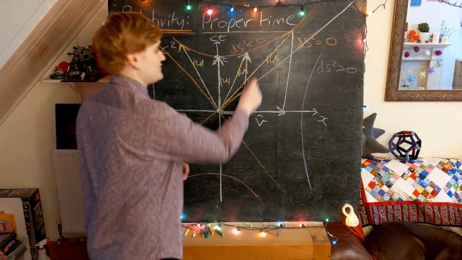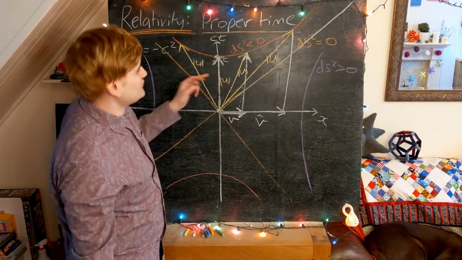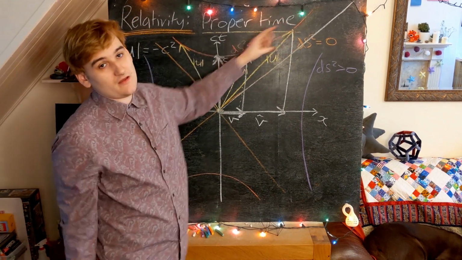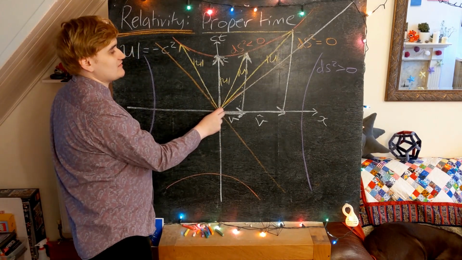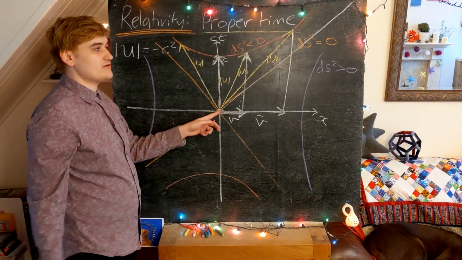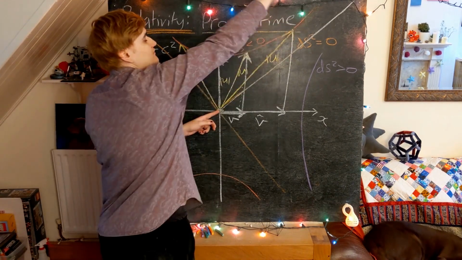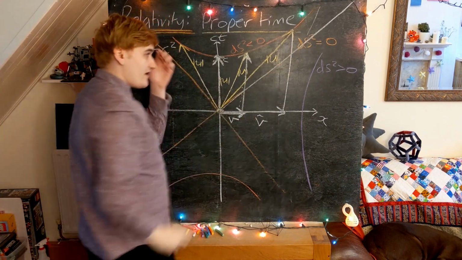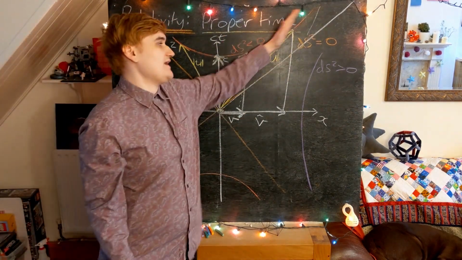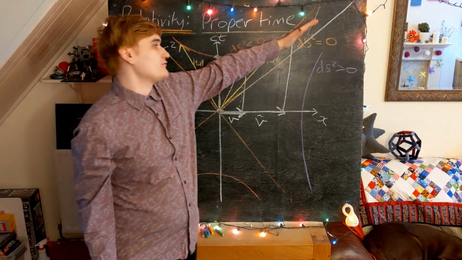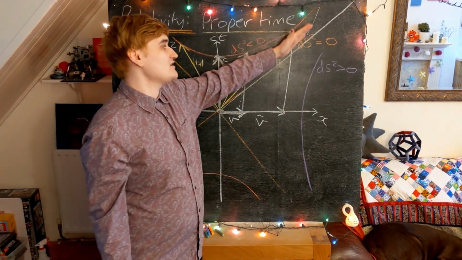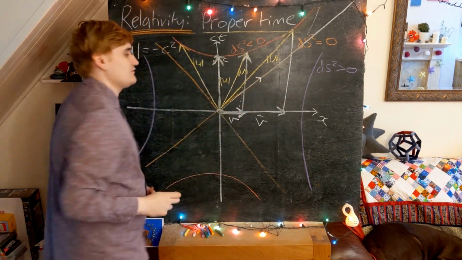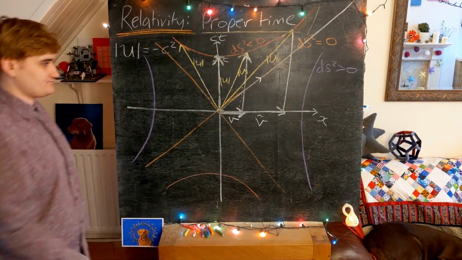Because the tip of this arrow has to always lie on this red hyperbola, because it has to have a constant Minkowski distance from the origin. So if we just keep drawing these arrows on and on, all the way up, we'll never actually quite reach it, but we're going to approach, we're going to limit to the vector lying exactly on this 45-degree light cone.